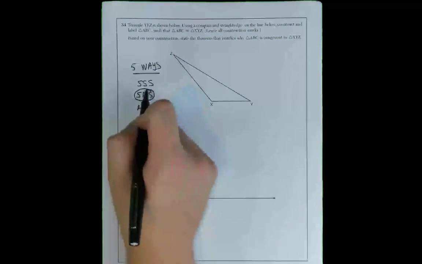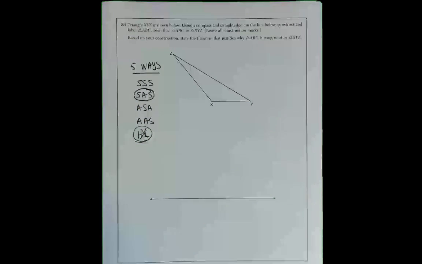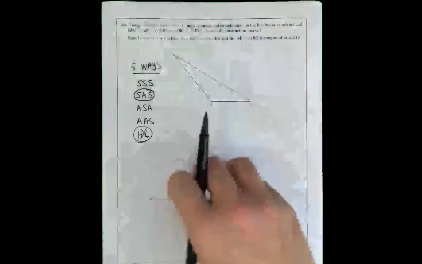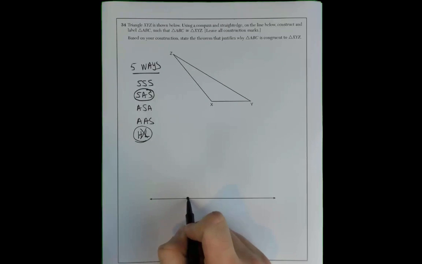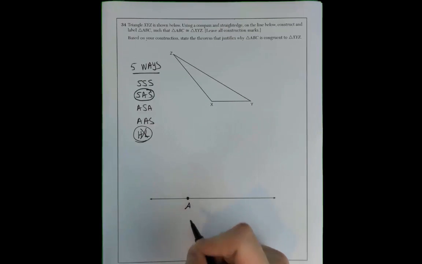Now, for this construction, I am going to be constructing this triangle down here by side, angle, side congruency. So we need to take this and copy it down on this working line. In order to do that, I need to place a point on this working line, and I'm going to call it point A. Now remember, labeling is key.